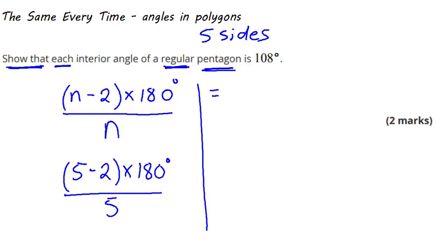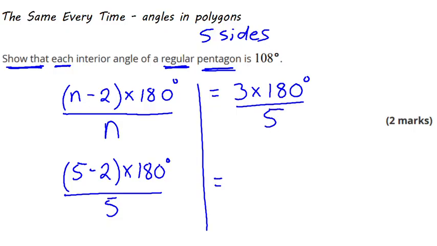Okay, I'm even going to go with another line of method that possibly you think is not necessary, but because it's a show that question, I'm perhaps putting more method than I strictly speaking need. So 5 minus 2 would be 3. Work out the brackets first. 3 times 180 degrees, divide by 5.